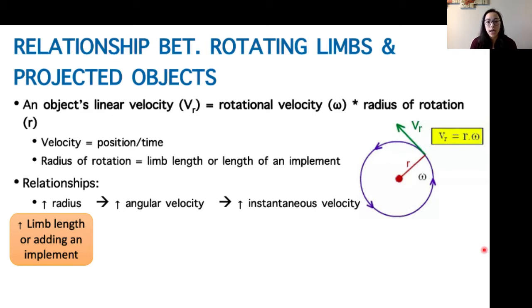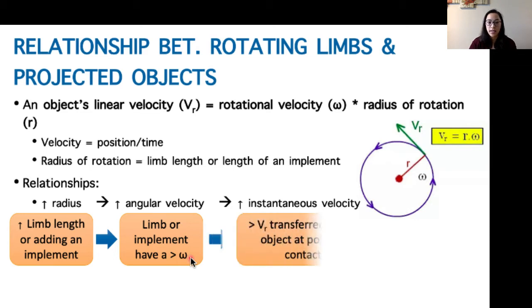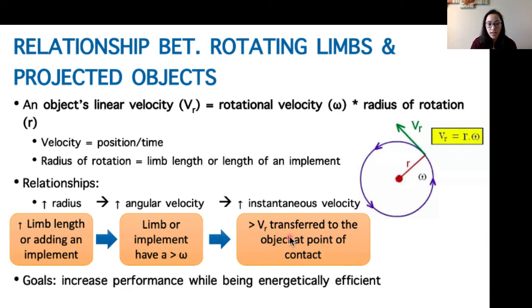So we can modulate our limb length by regulating the timing of extension of individual joints, which gives us the ability to regulate angular velocity. Right? So by modulating our limb length, we can increase our angular velocity, thus increasing the instantaneous linear velocity transfer to the object at the point of contact, while still being energetically efficient and improving our performance.